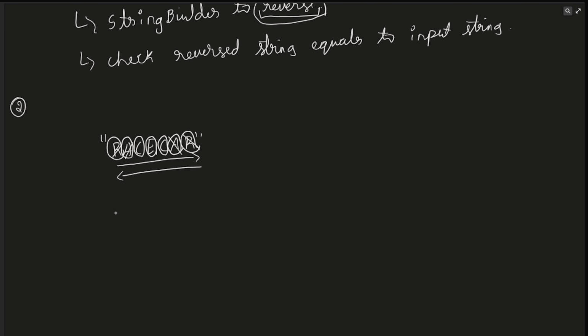Yes. What we can do is, I'll just write the same string again. Since string has a built-in method to access particular character, we can initialize two pointers. One is at the start and the other is at end.